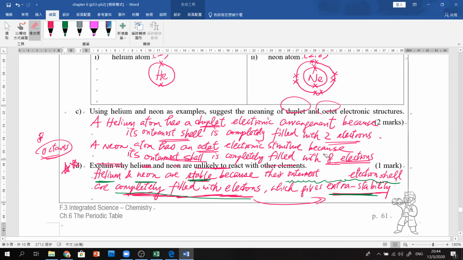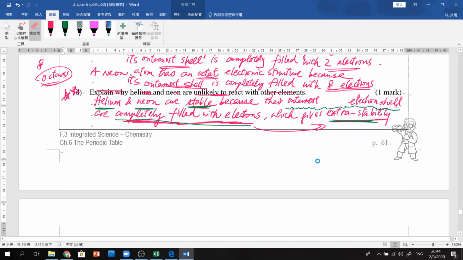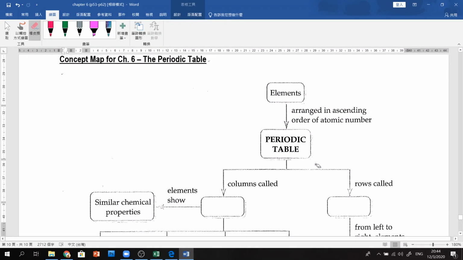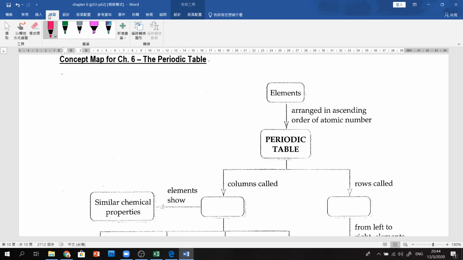Now, let me give you a recap of all those by taking a look at the concept map. In the modern periodic table, elements are arranged in the order of atomic number, while in the past, Mendeleev used increasing order of relative atomic mass. Quite different, but more or less very similar as a ranking.